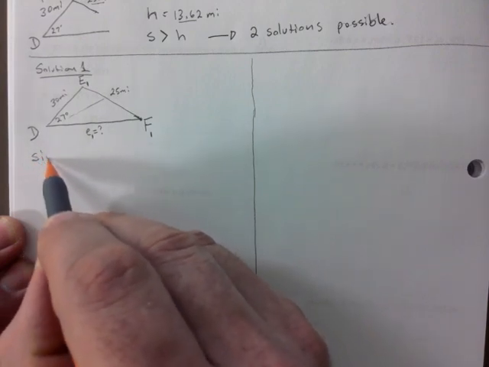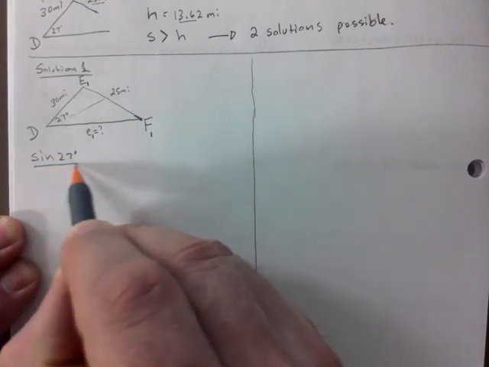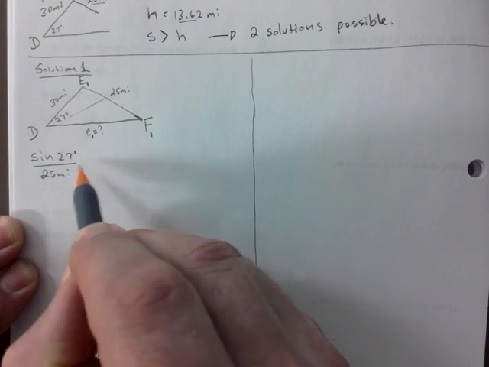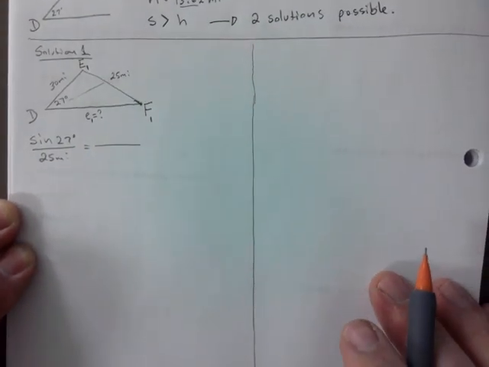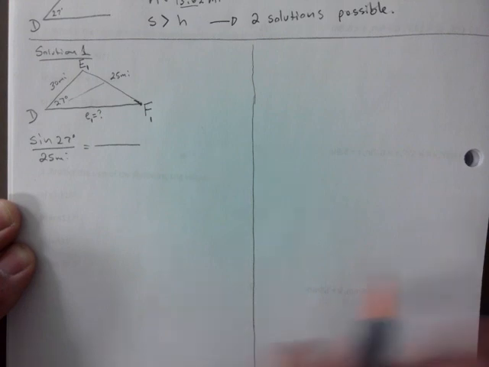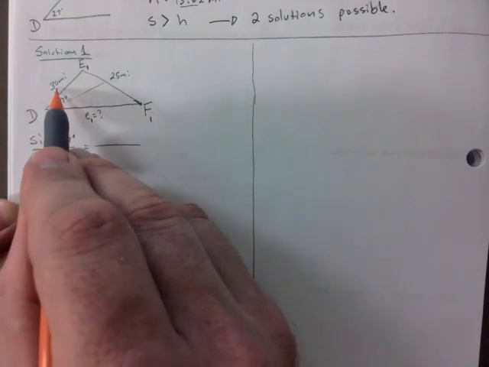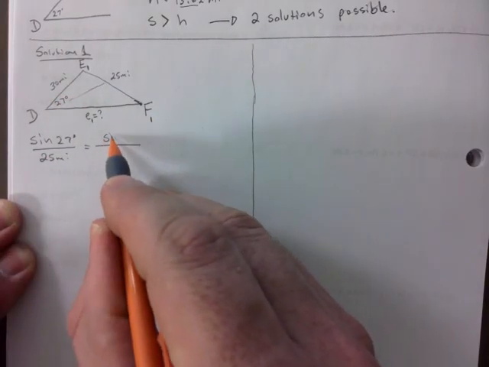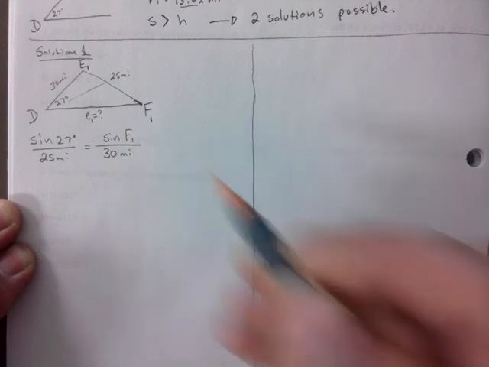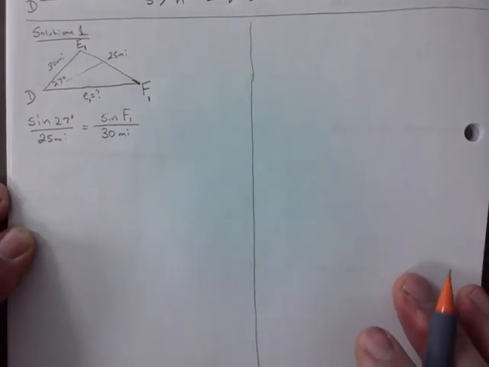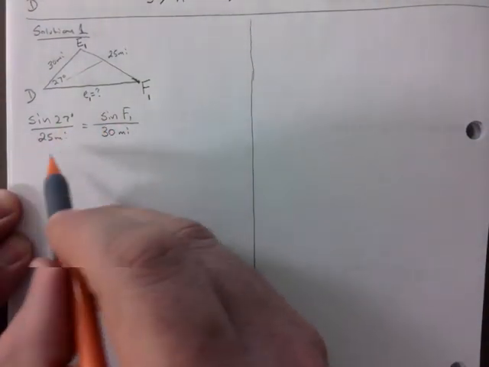So here we go. There's a pair. Sine of 27 degrees over 25 miles equals. What is the only thing that we can solve for right now? Angle F, right? That's the only thing we can do because the 30 is over there. So we go sine of F1 over 30 miles. We cross multiply and divide, right?